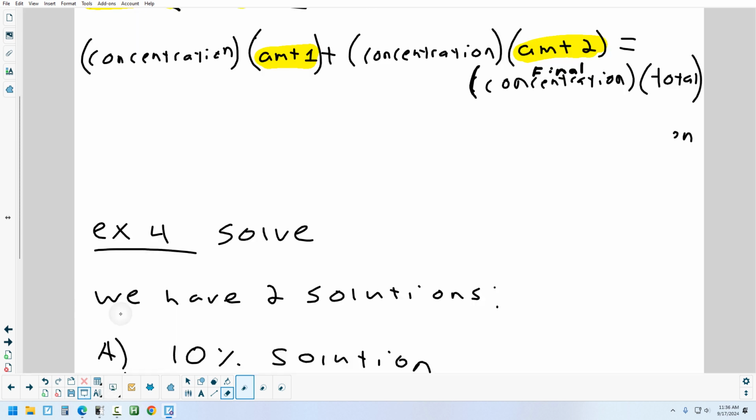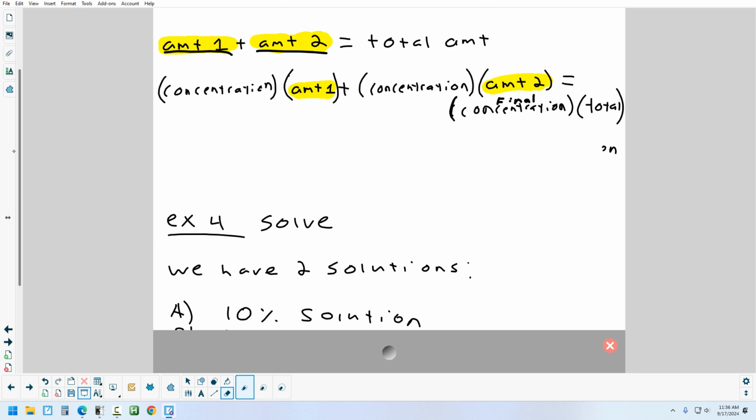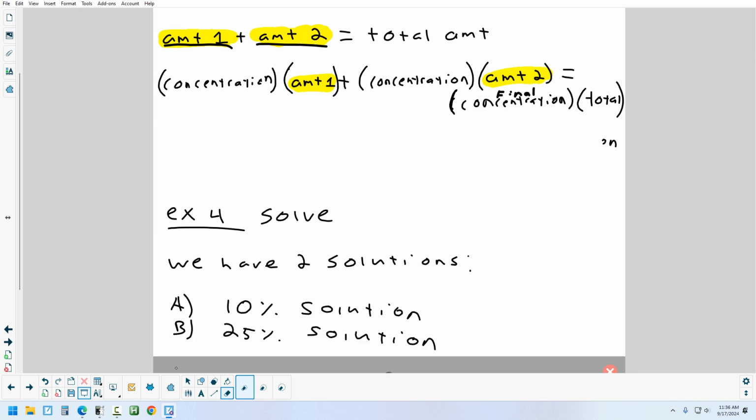Okay, so we have two different solutions. In our case, it's a 10% and a 25%, but they're always percents. Just to keep it clear what we're talking about, I'm calling them solution A and solution B. And let's use A and B as the amounts.